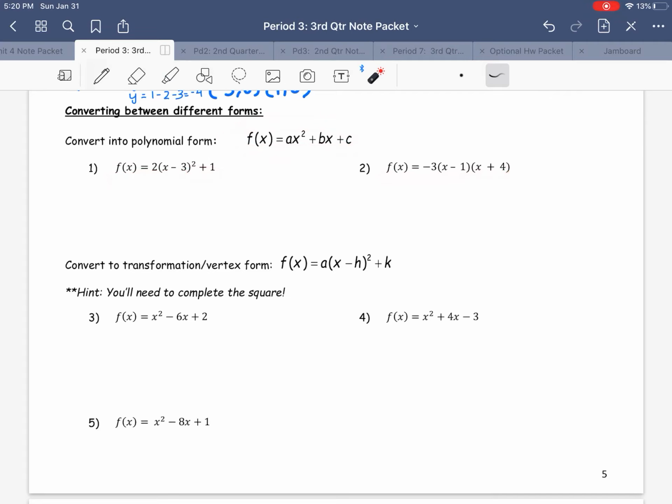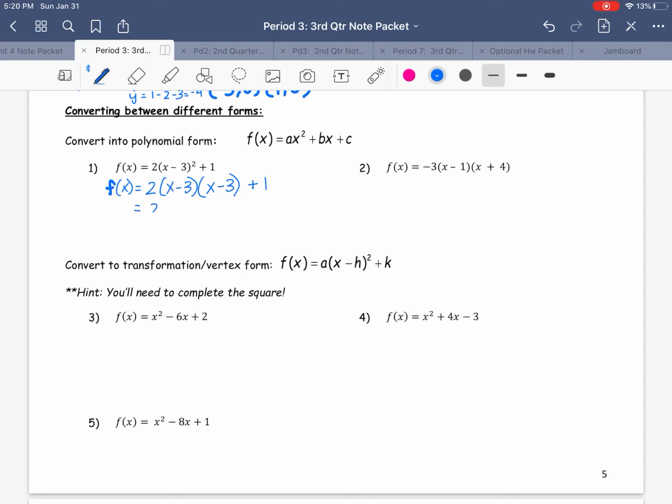So to convert into polynomial form, we're just going to multiply everything out and simplify as much as possible until it looks like this. So in problem number 1, I have f of x equals 2. Now the x minus 3 is squared, so I'm going to write it twice.